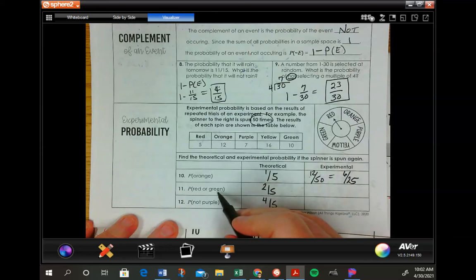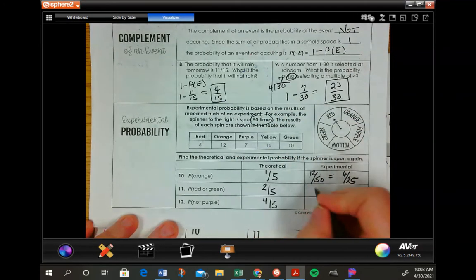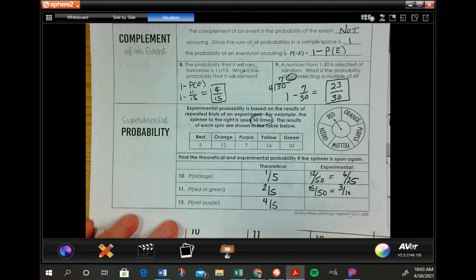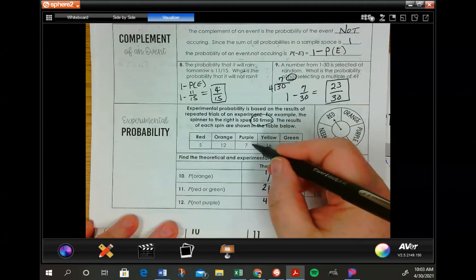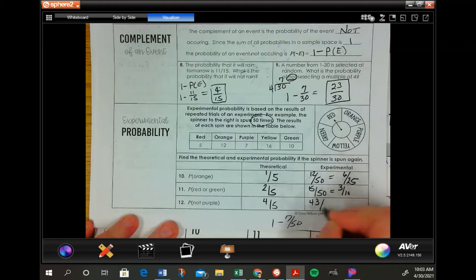What about red or green? So we had red, 5 plus 10 is 15, over 50, equals 3 over 10. 4 over 5, not purple, is 7 over 50. 1 minus, which is 43 over 50.